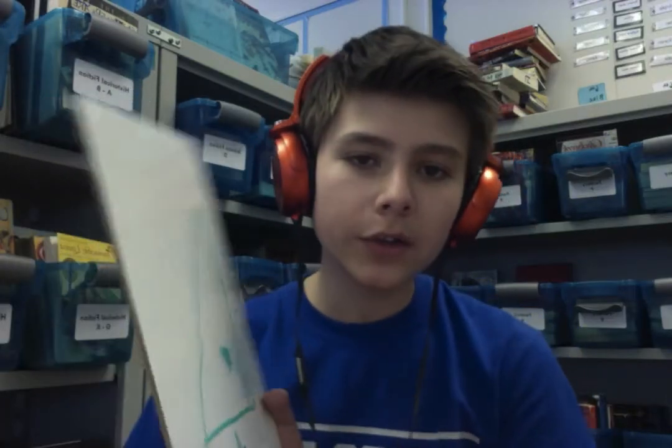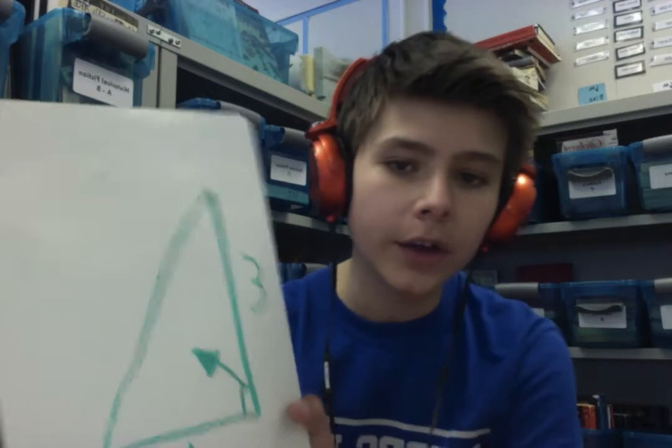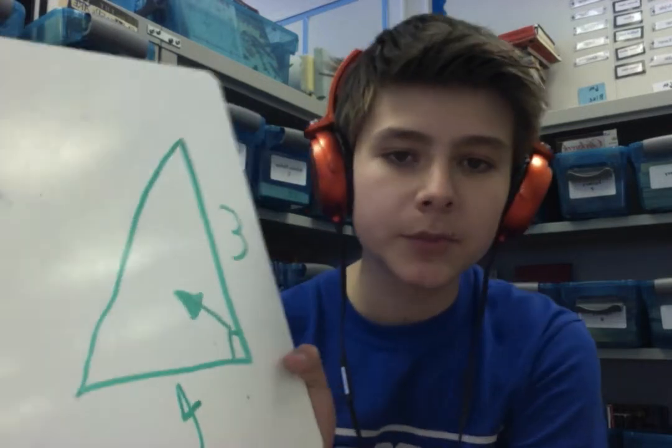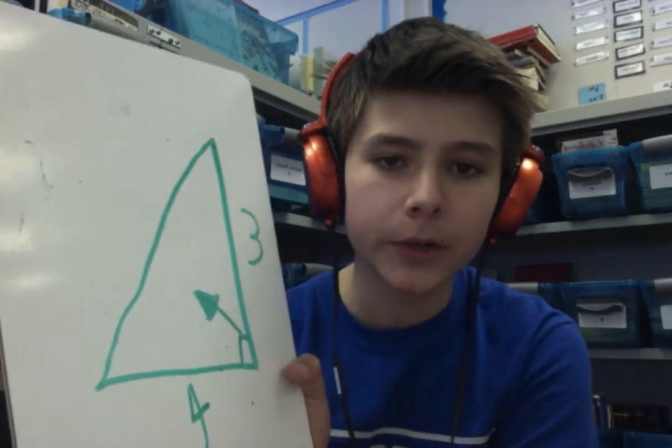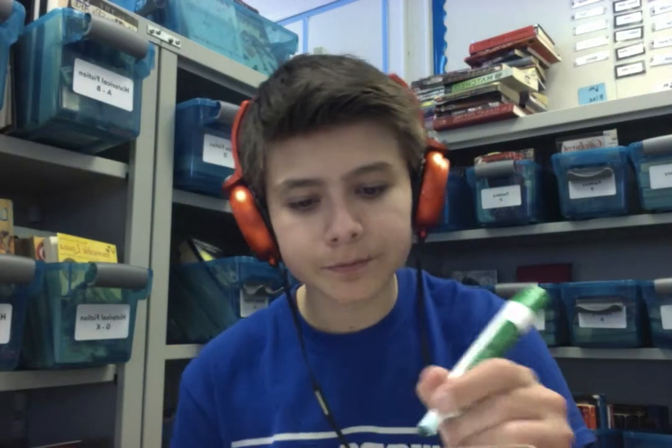So to find the longest side, you have to do a squared plus b squared equals c squared. So a, in this case, is 3. So we would do 3, and then b is 4. So we would draw 4, and then we'd square them.